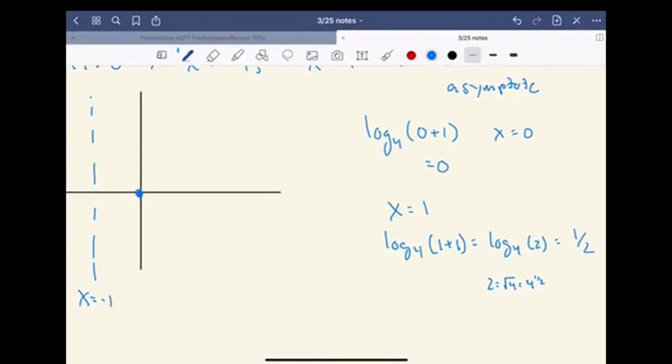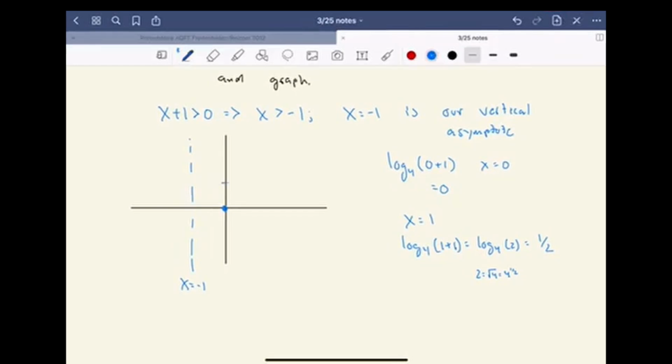Okay, so we let this be 1. When x equals 1, we get 1/2. Do another one. Log base 4 of 3 plus 1. That's x equals 3. That's log base 4 of 4.